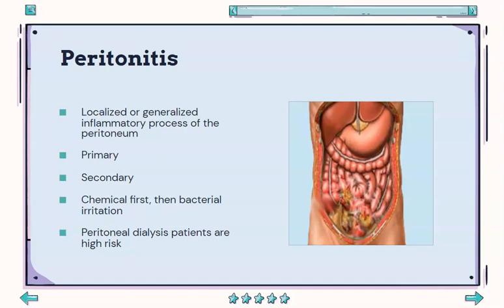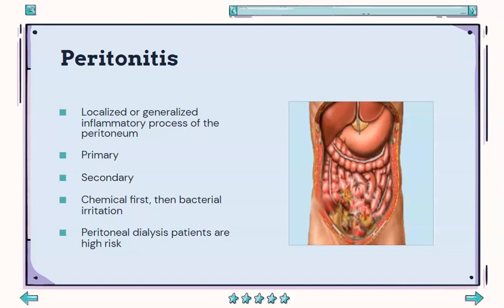If we have a gastric or duodenal ulcer, that's going to cause your secondary peritonitis. Looking at gallbladder disease, which we'll talk about in our hepatic and biliary lecture, a severely inflamed gallbladder can result in a peritonitis. And then we can also end up with peritonitis if we have some abdominal trauma.